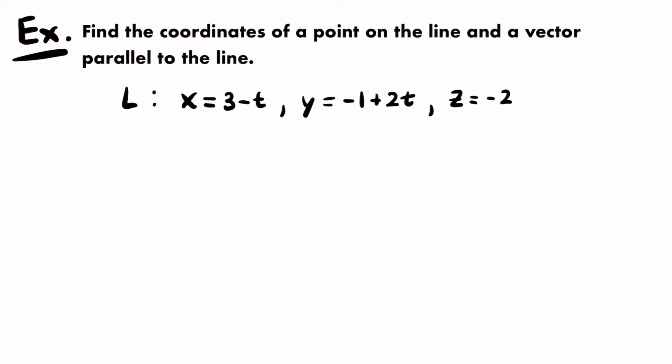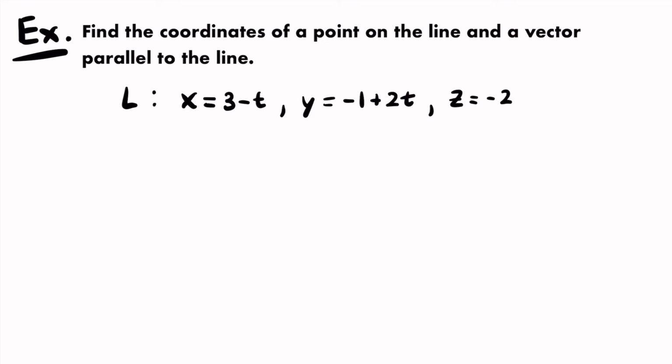And so if you've been following along with the previous examples, then the solution to this example might be pretty obvious. If we want to find a point on this line, remember that in order to create a set of parametric equations for a line, we have to use a point on that line. The x, y, and z coordinates of that point are part of these parametric equations.